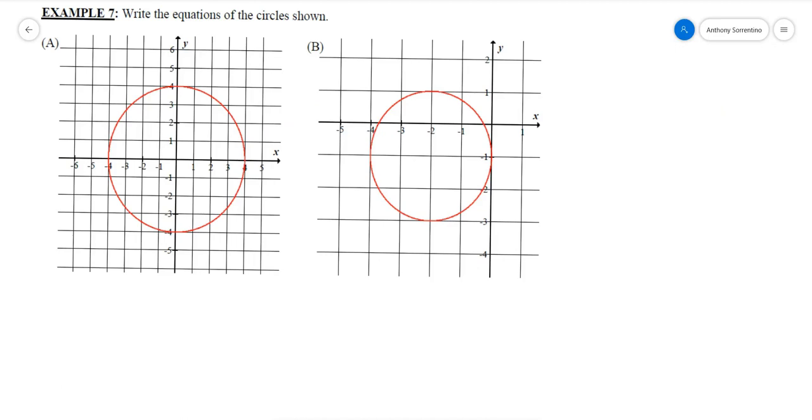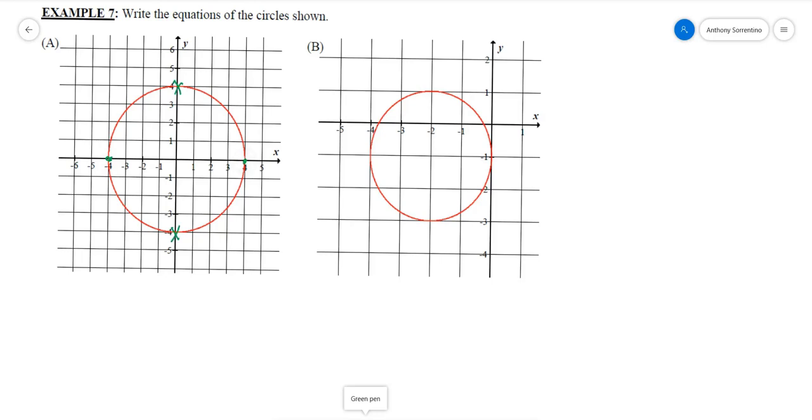So here is the graph of two different circles. And again, you're asked to find the equation of it. Now, as you can see here, the first thing you have to do is locate where the center is. The center should be the midpoint between these horizontal points and these vertical points.